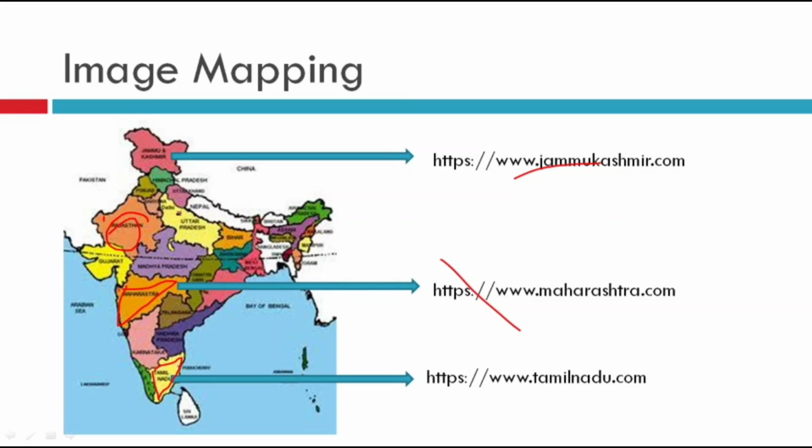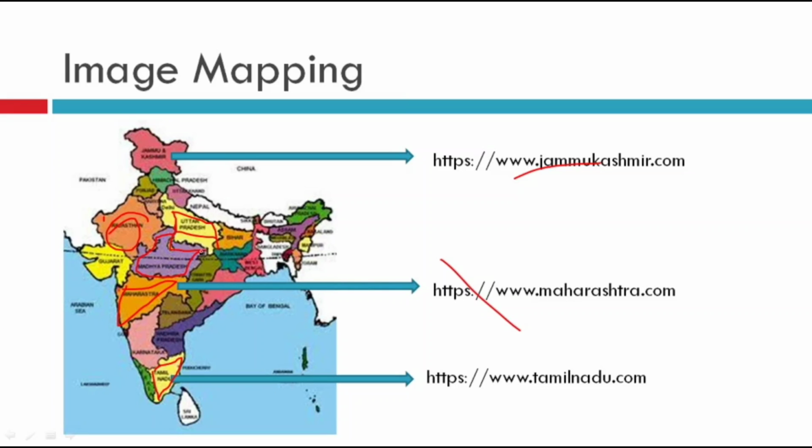Similarly, Uttar Pradesh can be considered the shape of a rectangle, right? Similarly, Madhya Pradesh can be a polygon with vertices which on joining will represent the state of Madhya Pradesh.